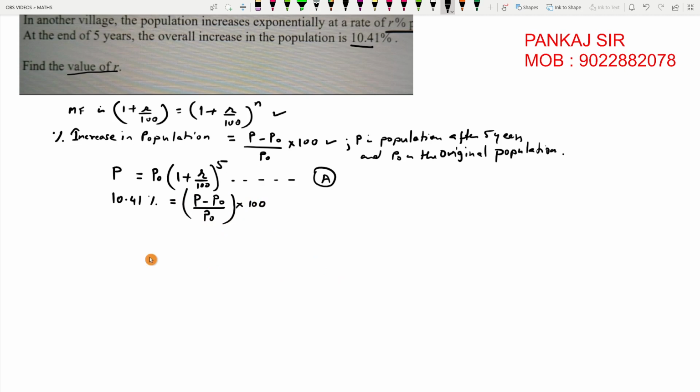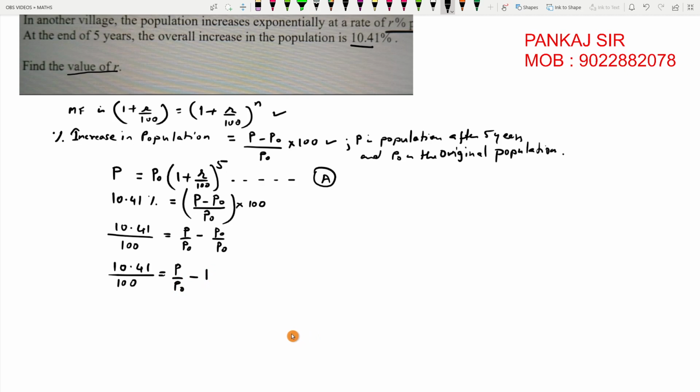Okay, now this 10.41 upon 100 will be equal to P upon P naught minus P naught upon P naught. Okay, and this works out to 10.41 divided by 100 equal to P over P naught minus 1.